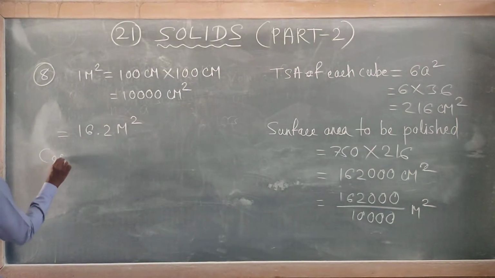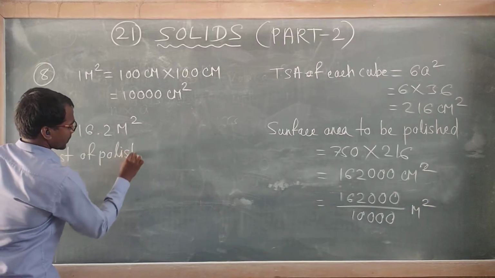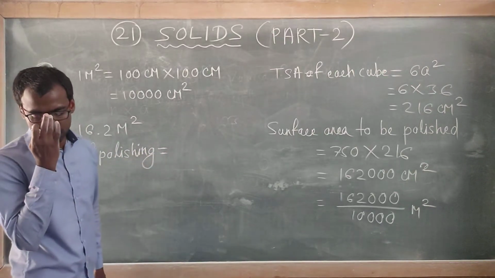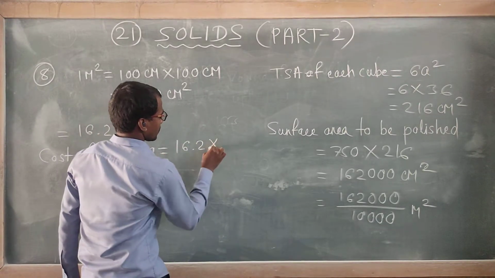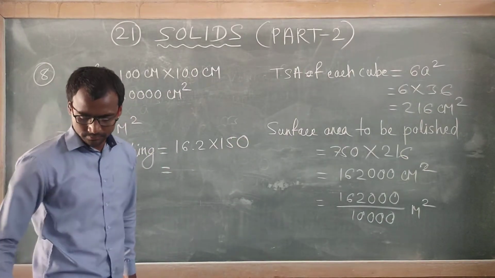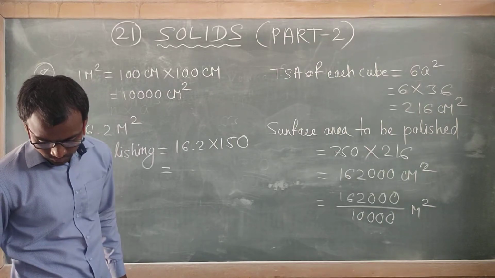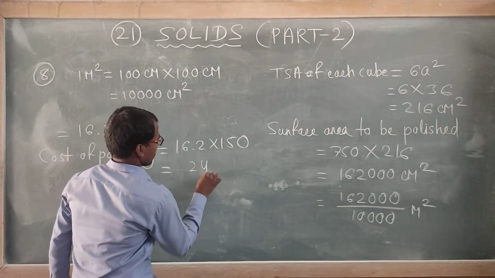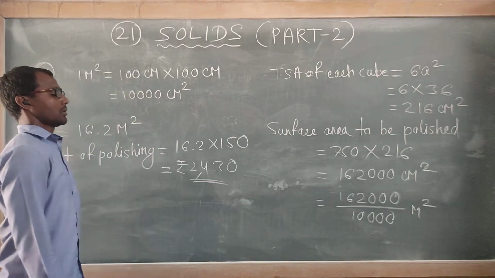So cost of polishing is equal to, okay, 1 square meter how much cost? Rupees 150. So this much will be 16.2 into 150, which is rupees 2430.